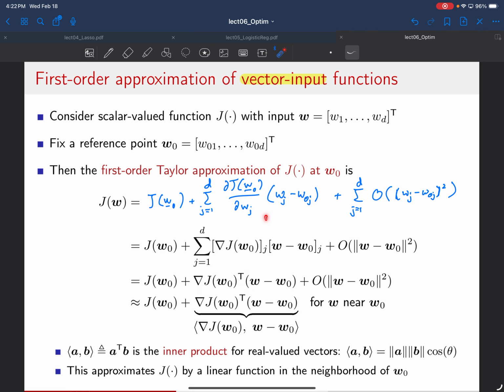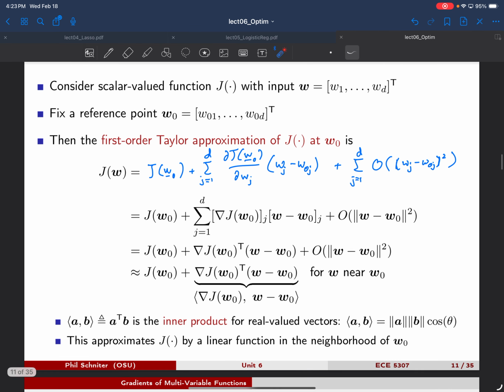Okay, so that's how we go to here. And so here we have the sum of these big O terms with scalars, but we can actually move the sum through that big O, and then we just have the sum of those elements, which is nothing more than this Euclidean norm. Okay, so this becomes this guy. Everybody with me so far?